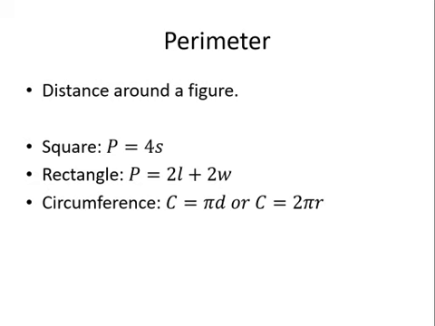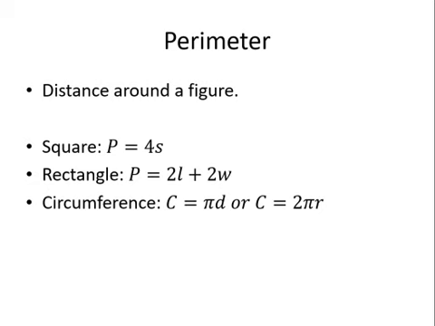And the last one is circumference. There are two different formulas. There's either pi d, where pi, remember, is an irrational number, 3.14159 and so on. You have a pi button on your calculators, at least you should.